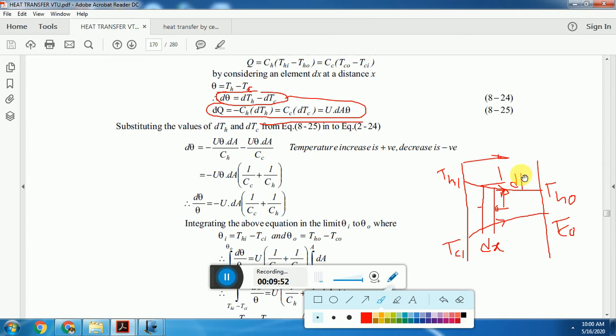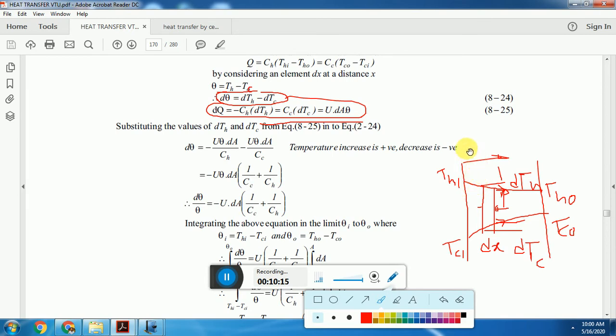dTc is the small rise in temperature for the cold fluid for the small elemental length dx.